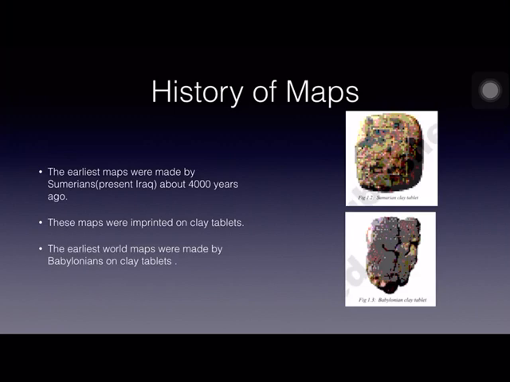And why did Sumerian temples need these maps? Sumerian temples owned large lands, and as you know, they collected tax from the lands. They had to maintain an account of income from these lands. There were large tracts of land under the ownership of Sumerian temples, and they had to maintain an account of income from all of them. For that they needed maps. They wanted to know how many lands there are and where they are located.